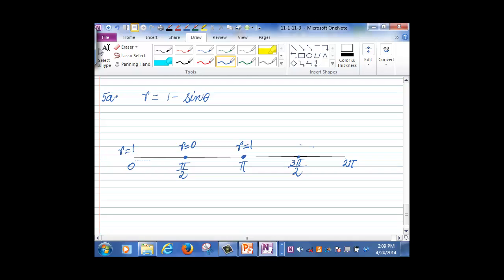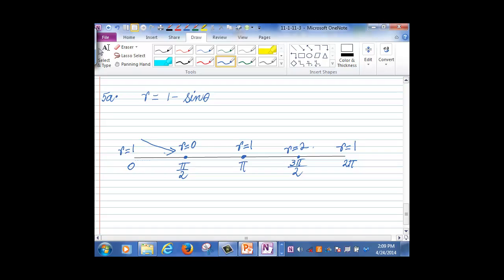When θ is 3π/2, 2, because sine 3π/2 is negative 1, so 1 minus minus 1. And the last one here, 1. Now, between 0 and π/2, what's happening? Between 0 and π/2, sine θ is increasing from 0 to 1, but you have 1 minus that. So that means r is decreasing from 1 to 0. Am I making sense? So it is actually decreasing here.